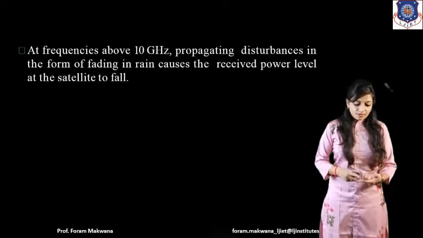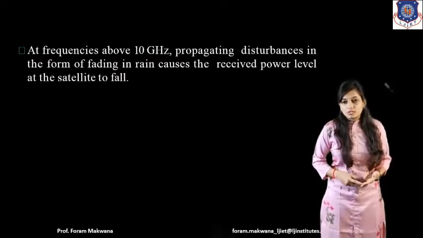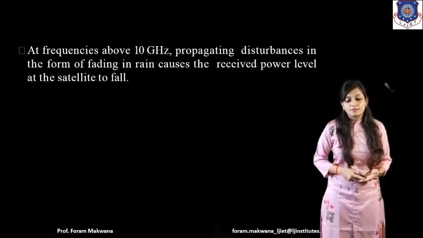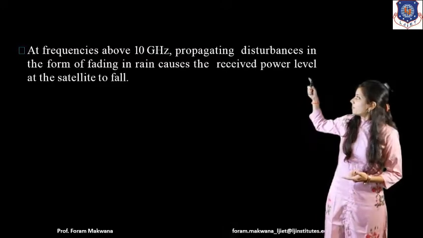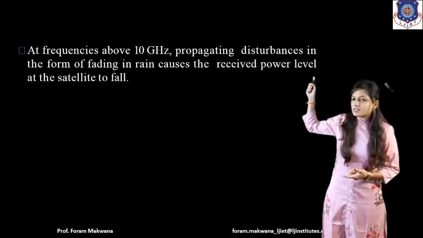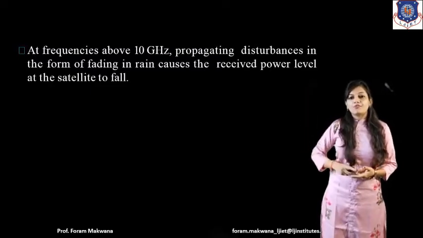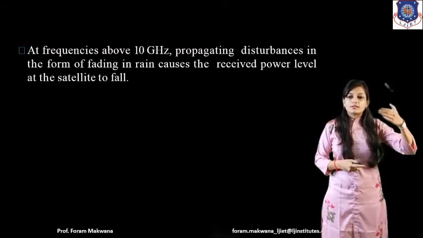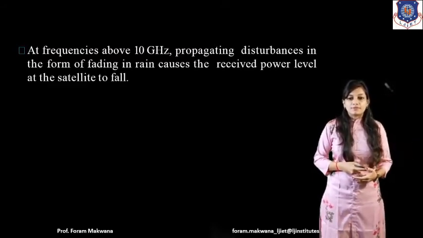Now, when we consider the frequency and the microwave bands, we need to consider that at frequencies above 10 GHz, propagation disturbance in the form of fading in the rain causes the received power to decrease.